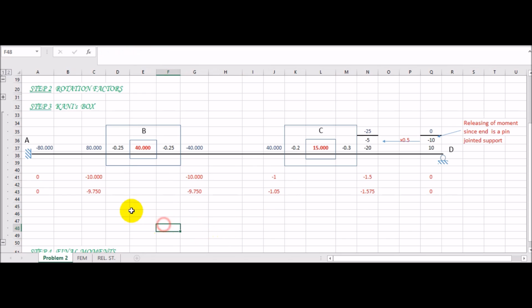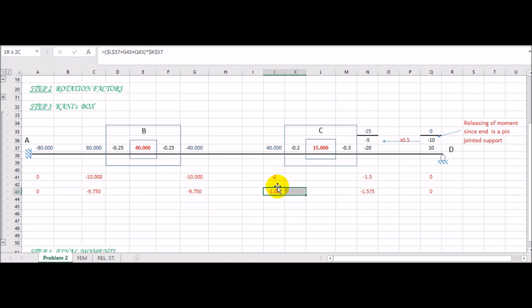So basically I'll show you that the formula remains the same, that is summation moment plus latest iteration value of left support, that is 0, plus latest iteration value of right support, that is -1, since this was not there earlier. Okay, so the latest value was -1 into rotation factor of BA.